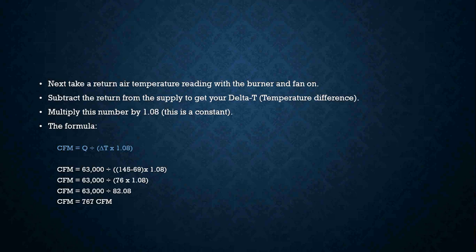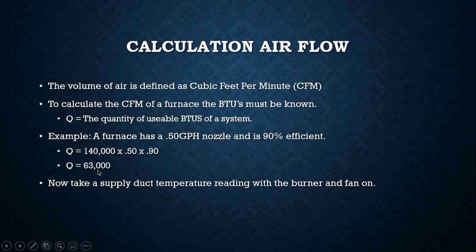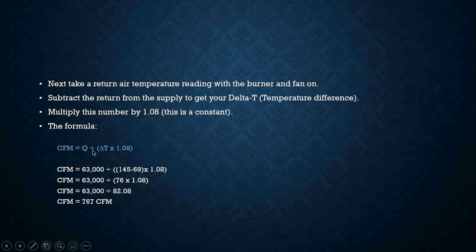Okay, so let's plug those numbers in. We know that we are dealing with 63,000 for our quantity, right? Our Q, 63,000. We take that number and we divide it by our delta T. Say for example we had 145 degrees supply and we had a 69 degree return. 145 minus 69 times 1.08.